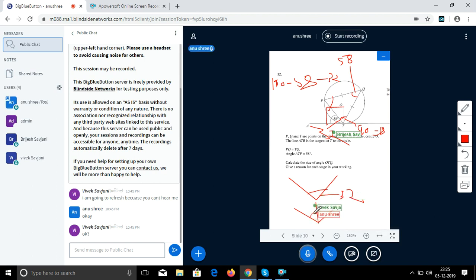Oh, so this one is 32. Yes. Okay, so this is 58, x, and this is 90.